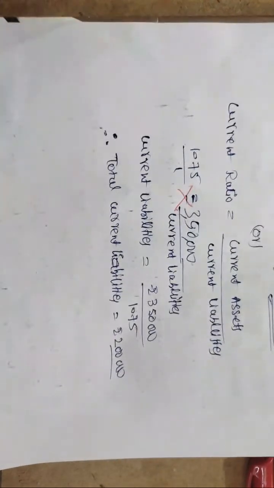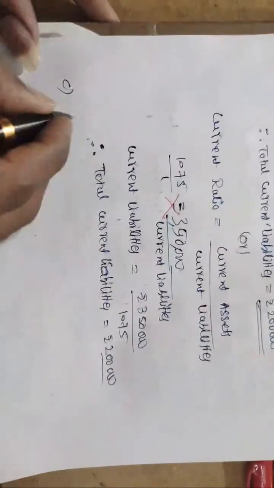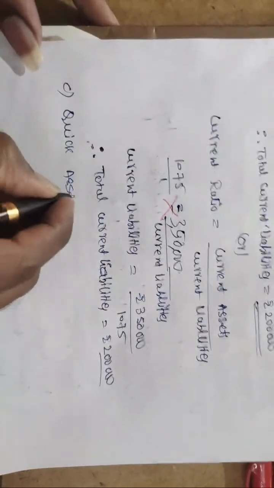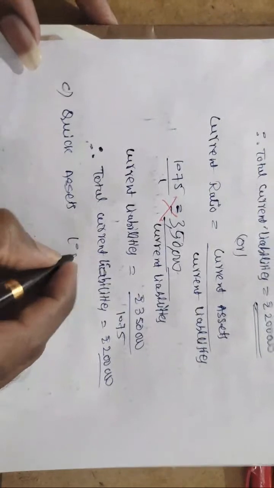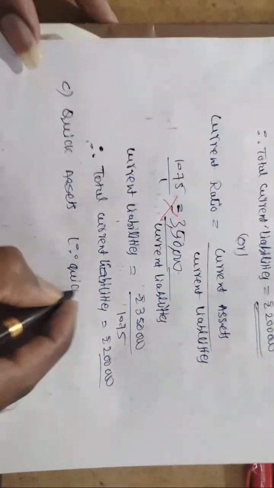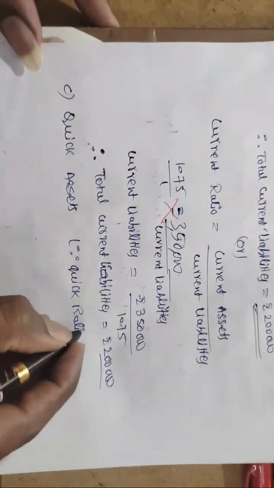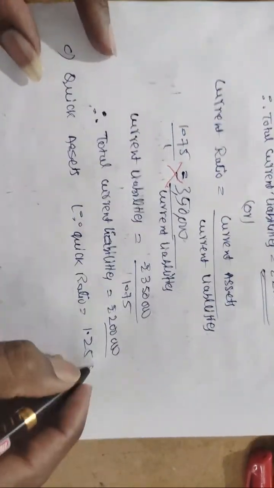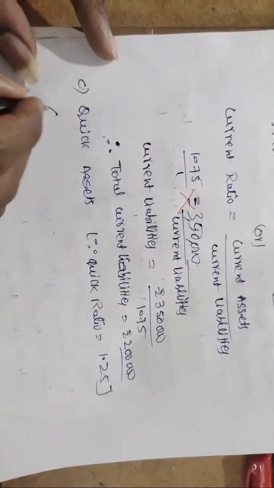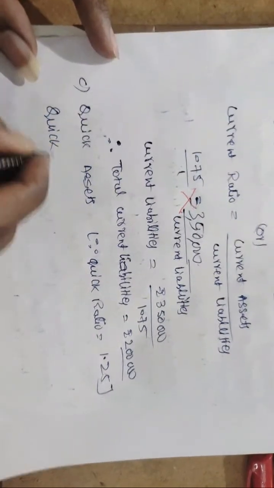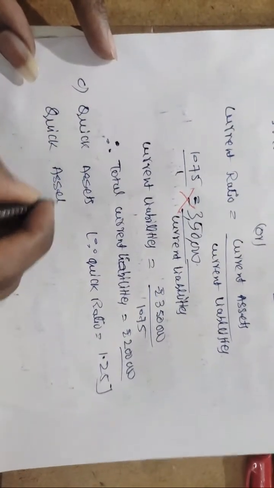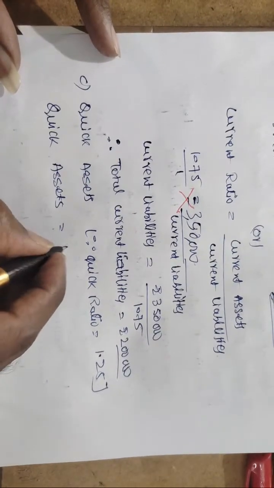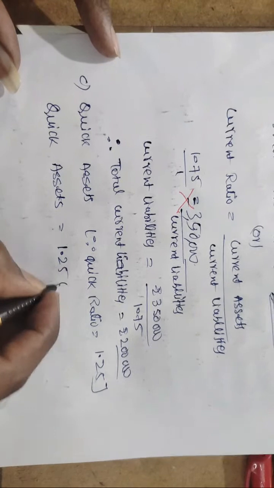Next one, quick assets. Since quick ratio equals 1.25, quick assets equals 1.25 current assets.